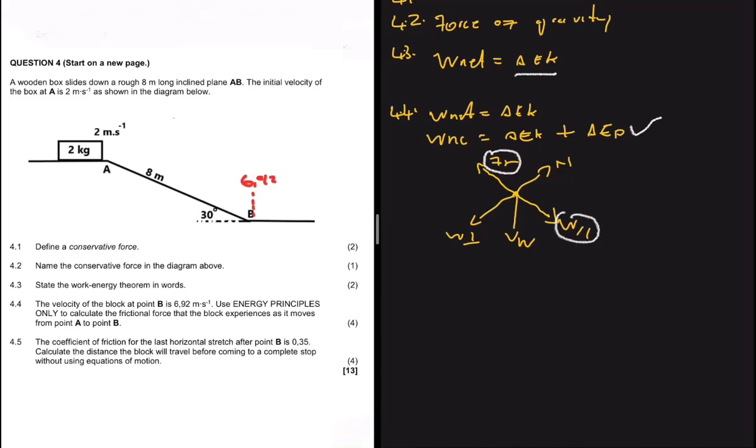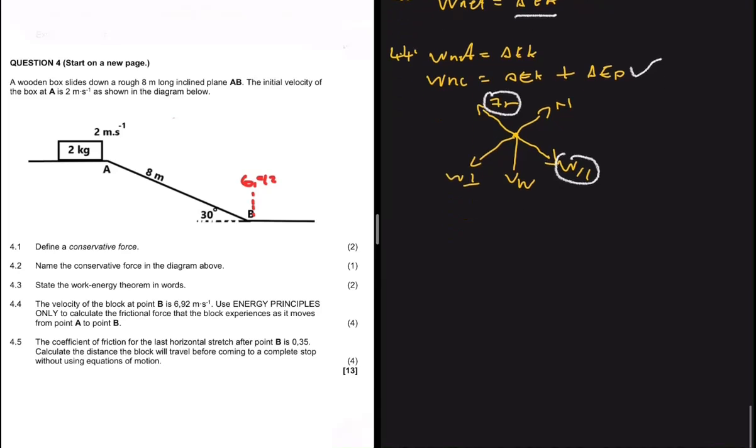But then we know that force of gravity is conservative, right? So if I'm using the second equation, which says the work done by non-conservative forces, then the only force I will consider is friction, right? So if I go ahead and do that, I'm going to have frictional force multiplied by delta x multiplied by cos of theta, right?